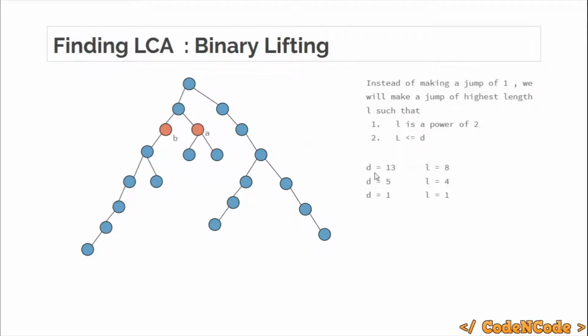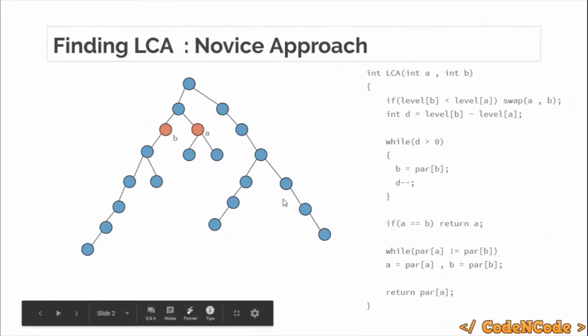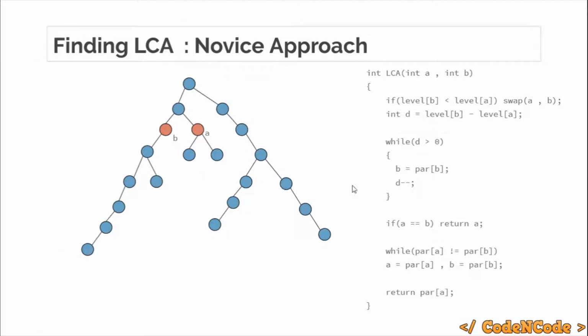So we are able to cover the distance between A and B in log n time, which was previously big O of n time. So this is a great improvement from big O of n to log n. But see how we were able to make a jump of length 1. For that we were having an array parent.